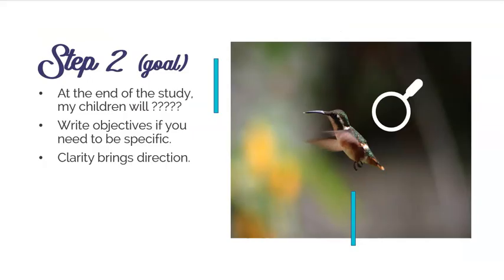The second easy step is to determine your goal. And if you want to write something specific like objectives, and objectives are tiny measured steps, and sometimes if you live in a state that has stricter record keeping, you might need to write out objectives, but that doesn't have to be anything complicated.